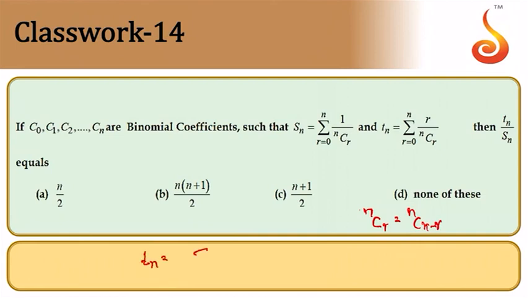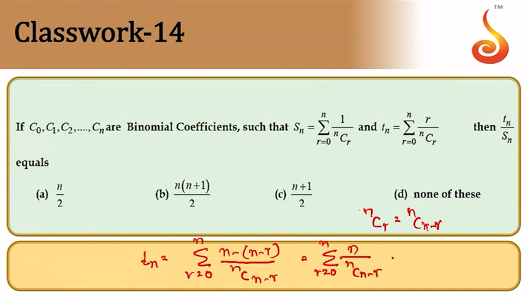14 is a previous problem also. They were asked in JEE Advanced also. Here also we use the concept nCr equal to nC(n minus r). That is the concept used. So this we write as Tn. Tn can be written as summation r equal to 0 to n, r can be written as n minus (n minus r), by nCr.